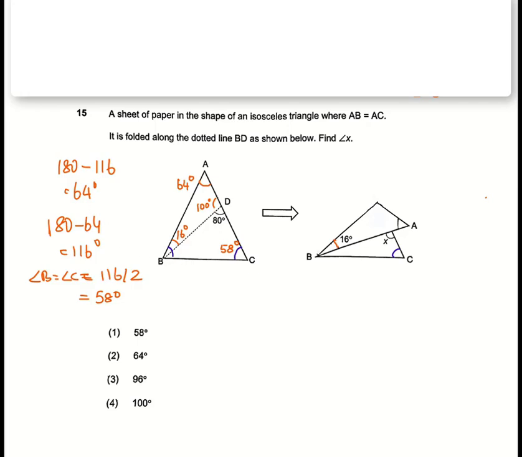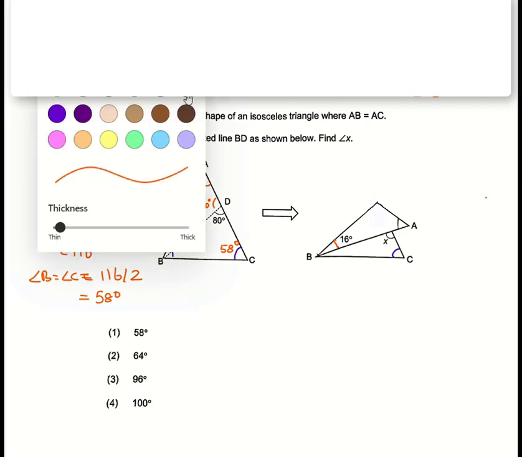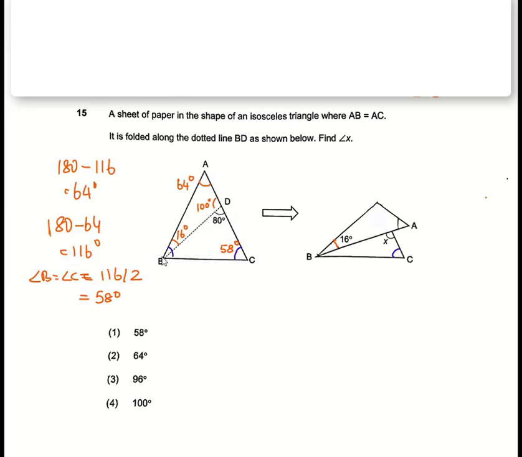Now I'm going to show you another thing so that you can visualize how it works out. Say, for example, if I actually folded this, how would it have looked? It would have looked something like this, just like this picture here. This A came into this place.